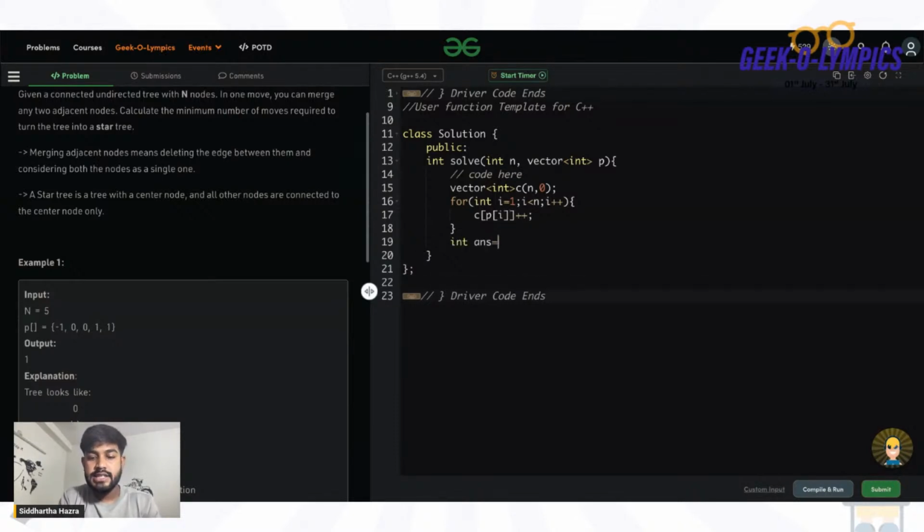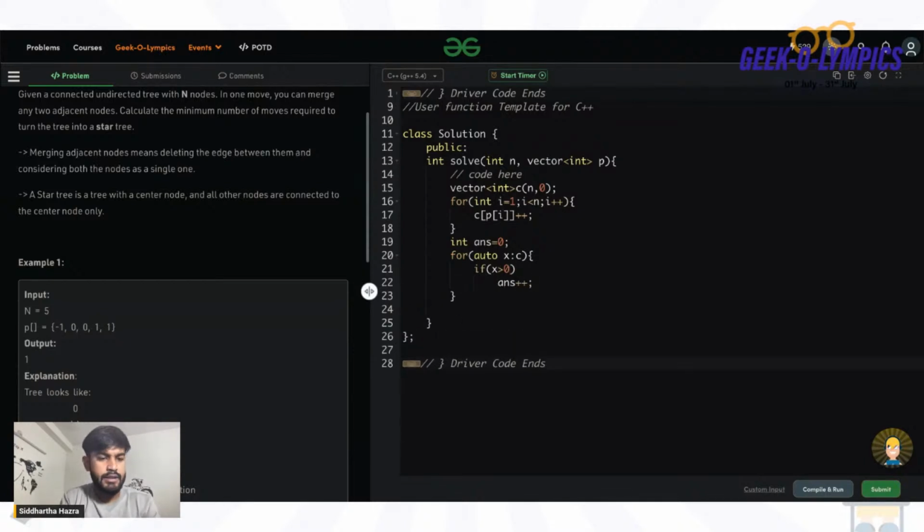And then I would initialize an answer. Okay. And now I would start iterating over the count array. So I would say auto x of c. If there is any frequency, so answer if x is greater than 0. If x is greater than 0, then I would do answer plus plus. Simple enough.